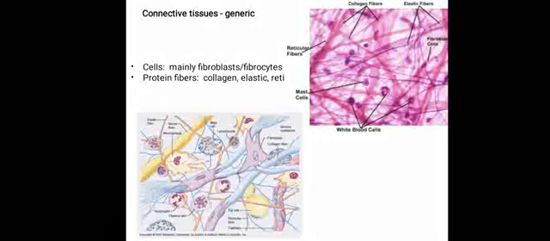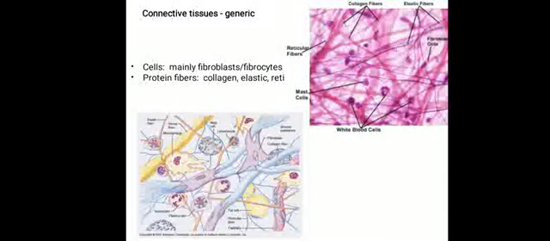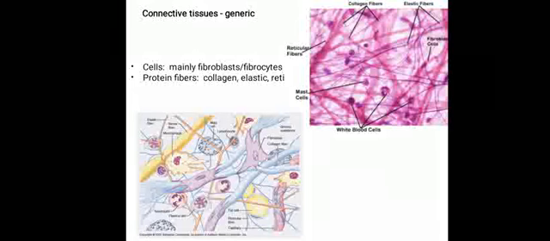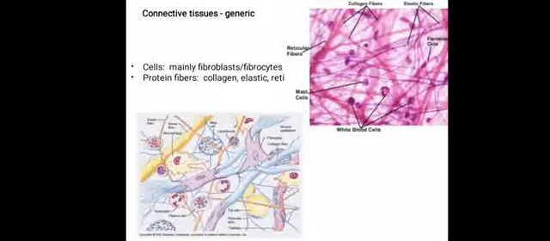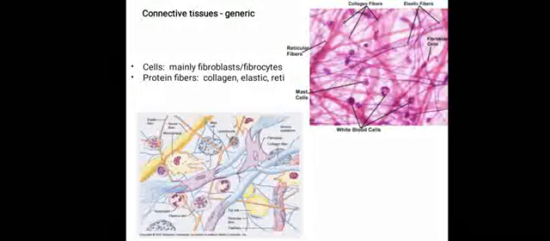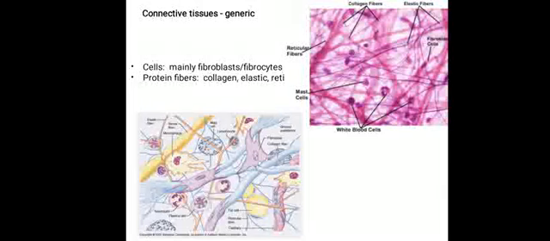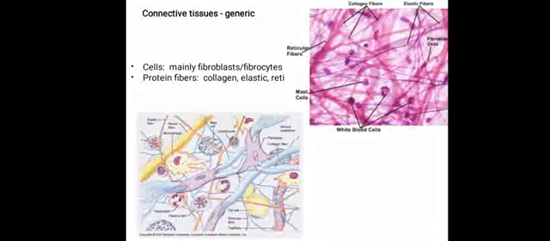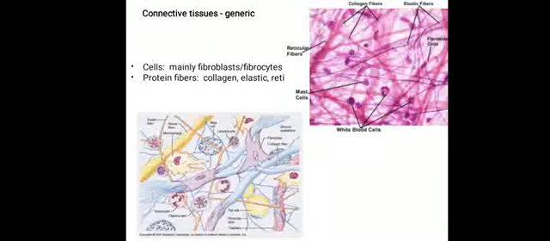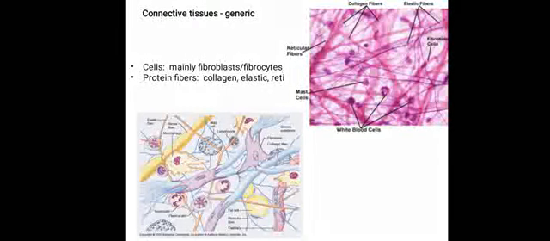Those are the cells you're expected to see there, and this belongs to the loose connective tissues. The protein fibers you can find there are collagen, elastic, and reticular fibers.